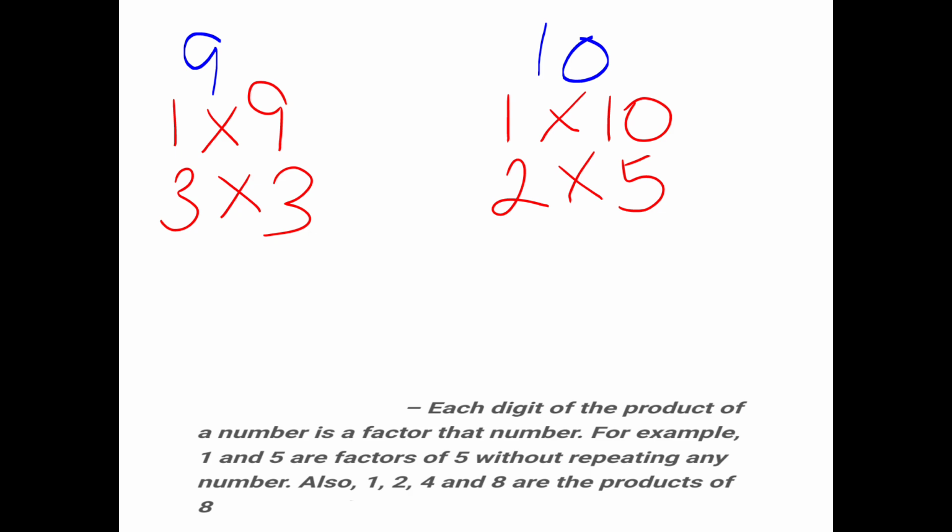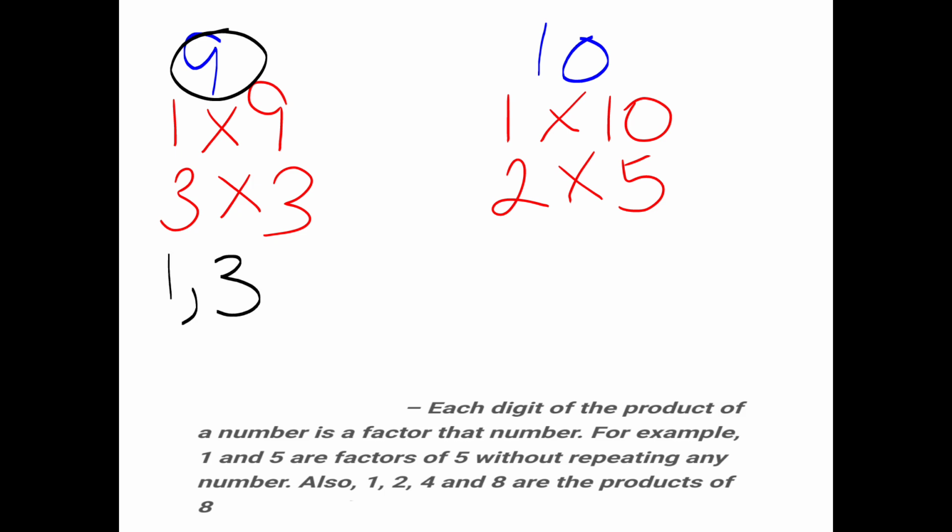So we can deduce that each digit of the product of a number is a factor of that number. Here is what I'm talking about. When you look at number 9, each digit of the product of 9, that is 1 multiplied by 9, that's 1, 9, and 3 multiplied by 3, that's 3.